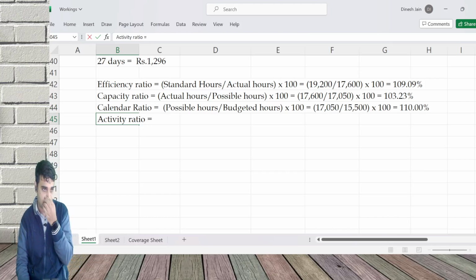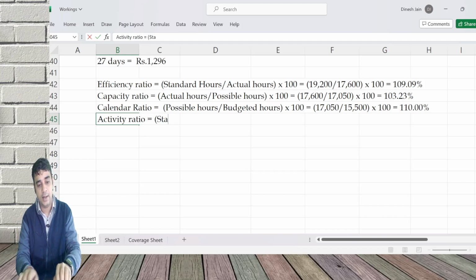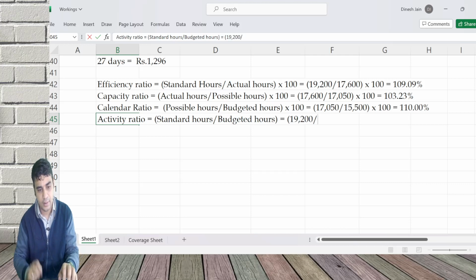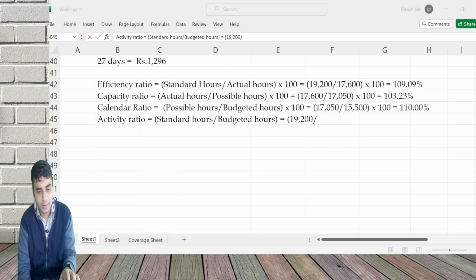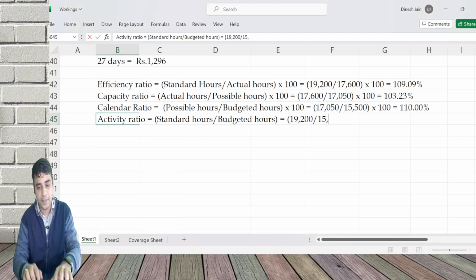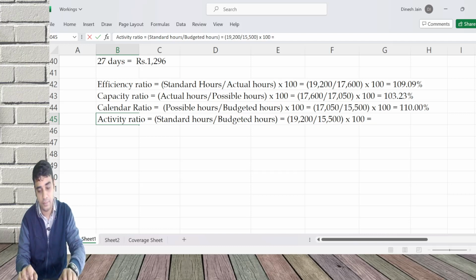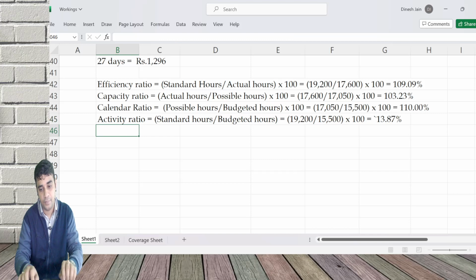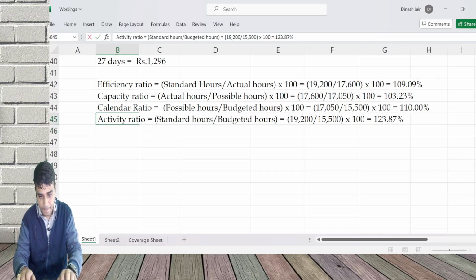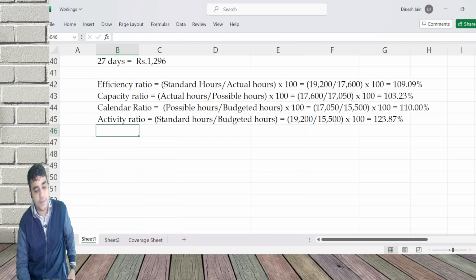Activity ratio is equal to standard hours divided by budgeted hours. 19,200 divided by 15,500 into 100. 123.87%. Any doubts on this?